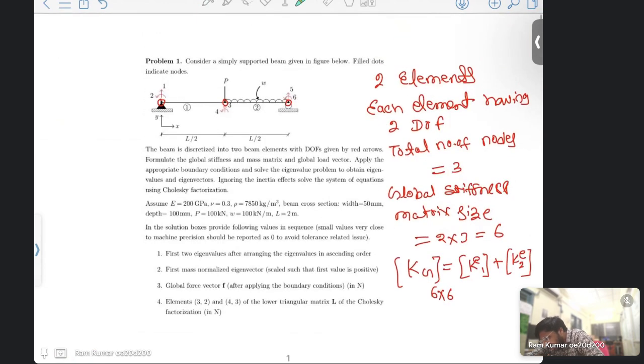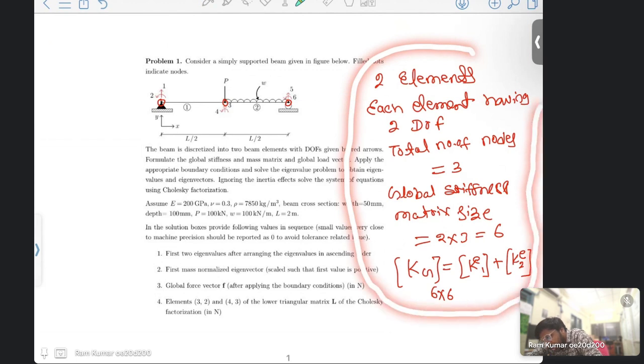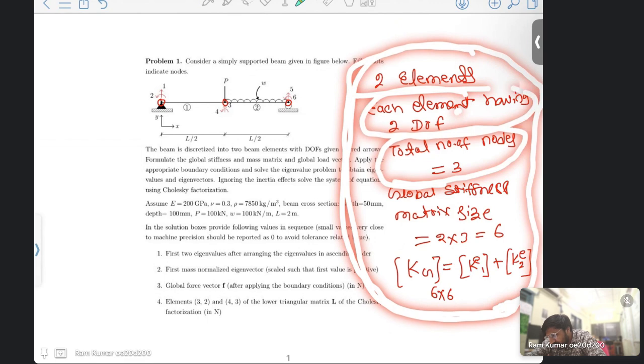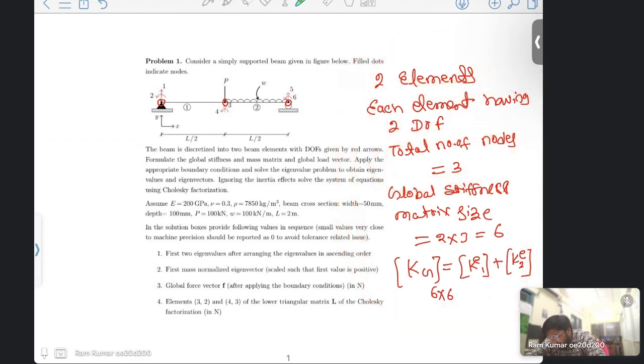So first I will draw that solution here again. This much information I wrote because this is a thumb rule: if we get a stiffness of 7 by 7, it can't be possible. So first write the number of elements, number of total nodes, and each node having this much degree of freedom. Then our final global stiffness size will be 6 cross 6.